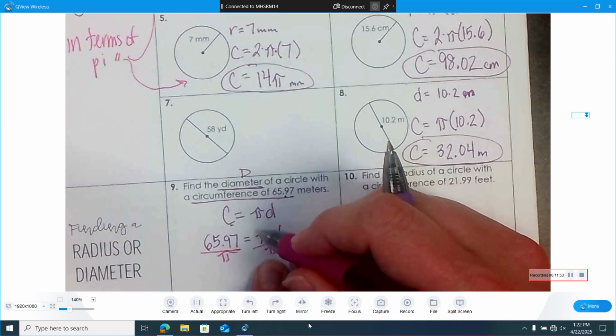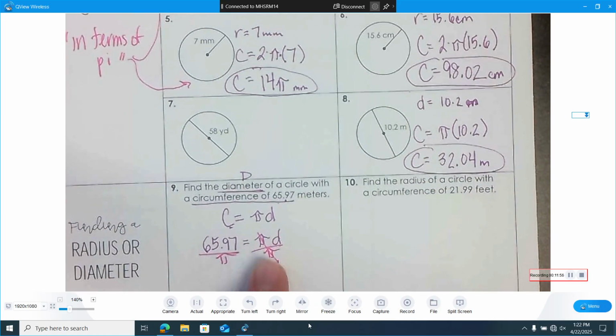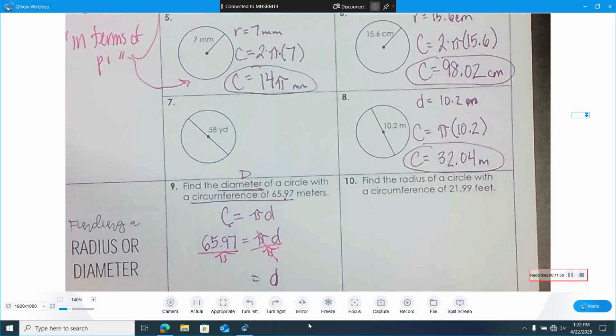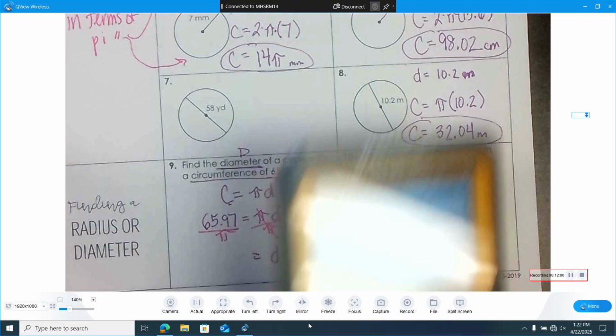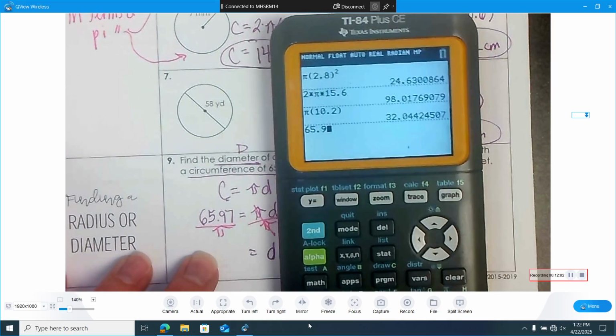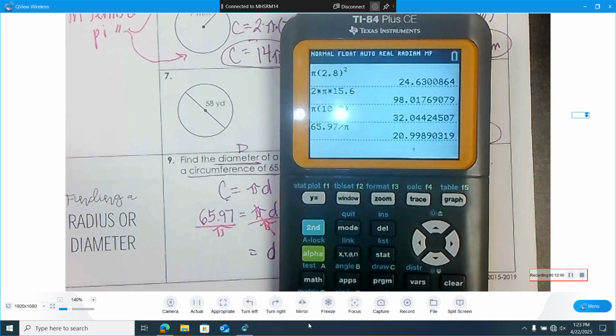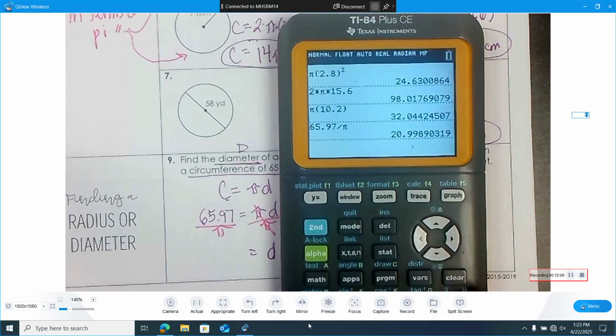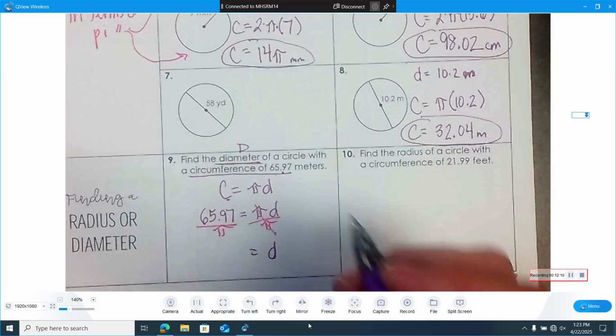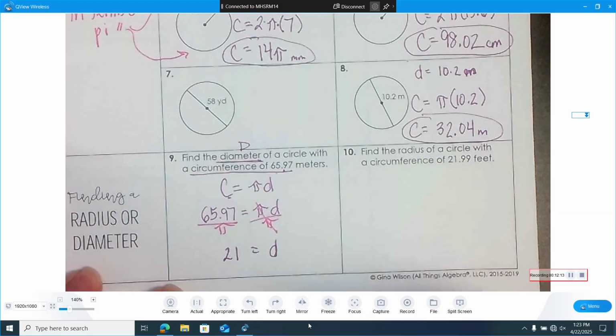Over here it cancels out. Pi divided by pi goes away. Diameter is all by itself. And now in my calculator, 65.97 divided by pi is 20.998, which would round to 21.